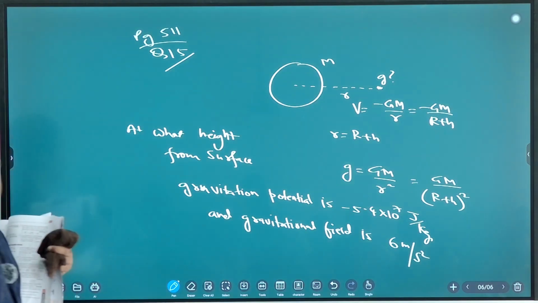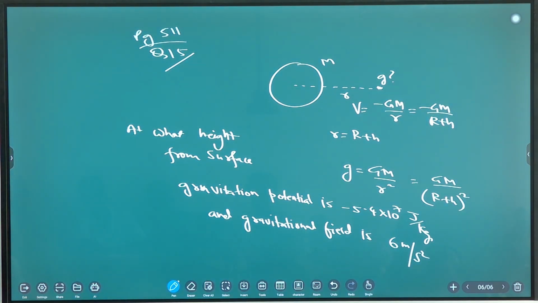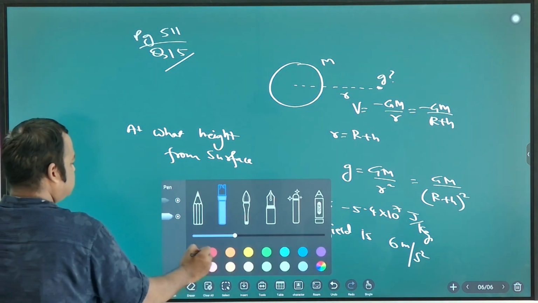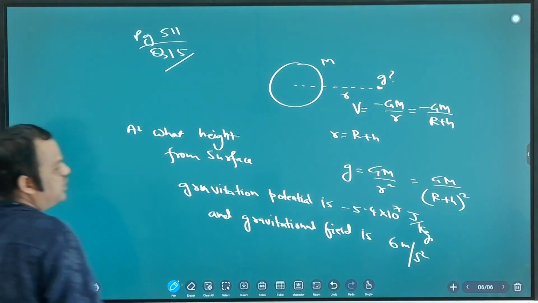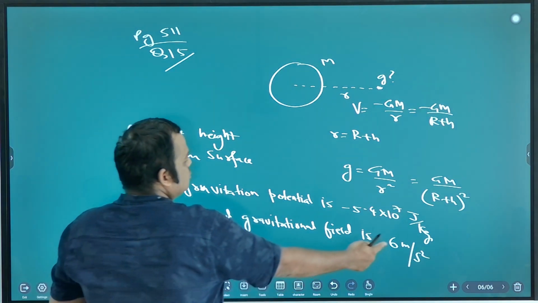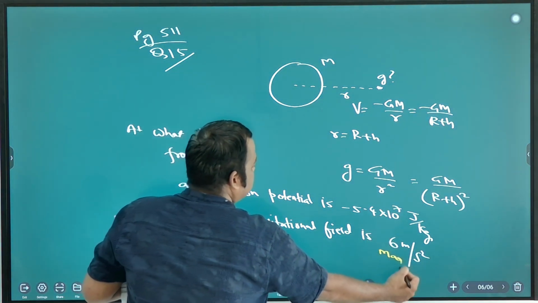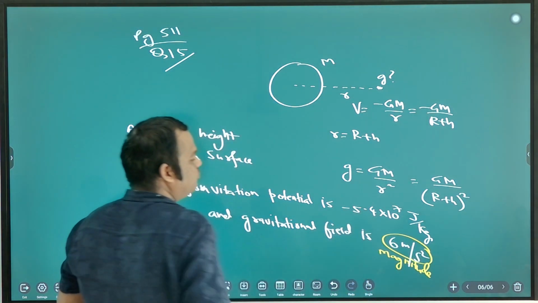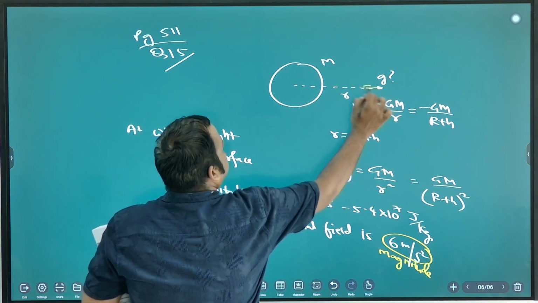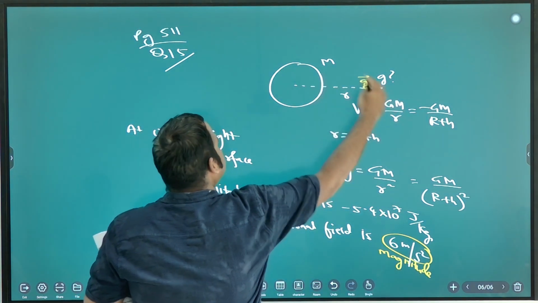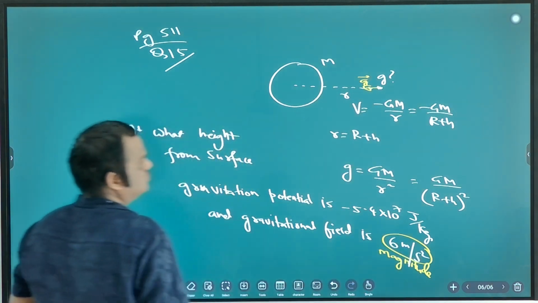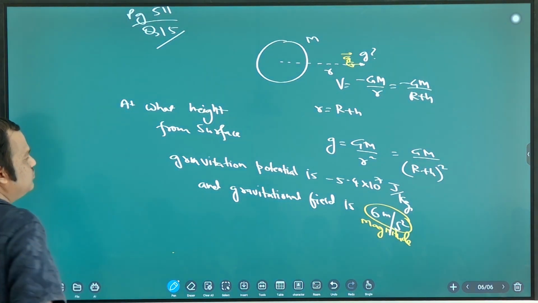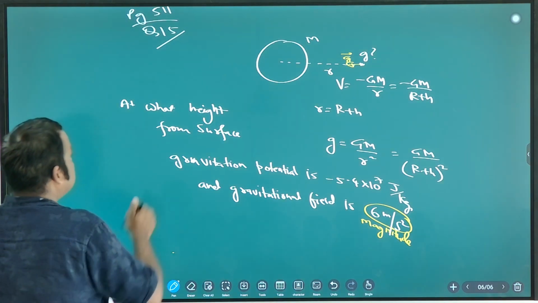Okay, solve. Potential is a negative quantity, remember, and gravitational field is a vector. So magnitude is given. Direction we know it is towards center. So this is the magnitude of field. So this came in 2016.